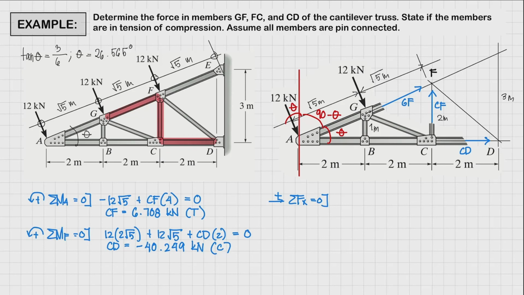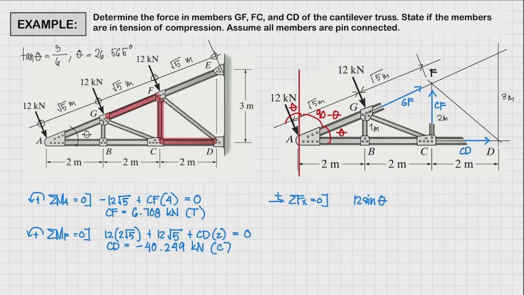Alright, so let's start. For the horizontal component of our forces here, it's going to be 12. So it's going to be positive since it's acting towards the right side, same as this one. So we're going to have 12 sine theta. And there's going to be two of them, one here and one here. So we could just multiply this by 2. Maybe let's do that a bit more clearly.